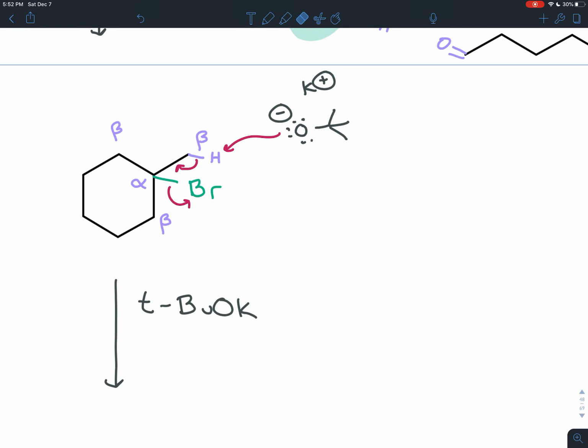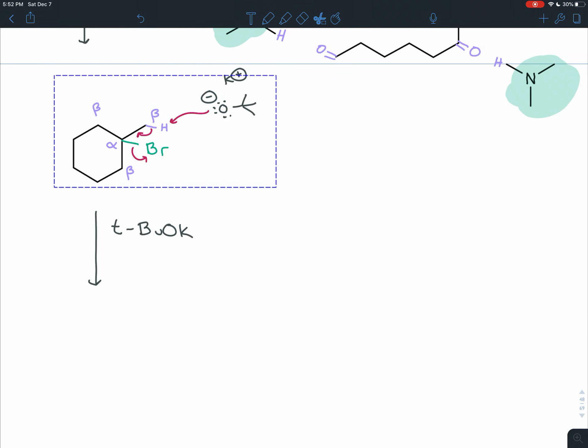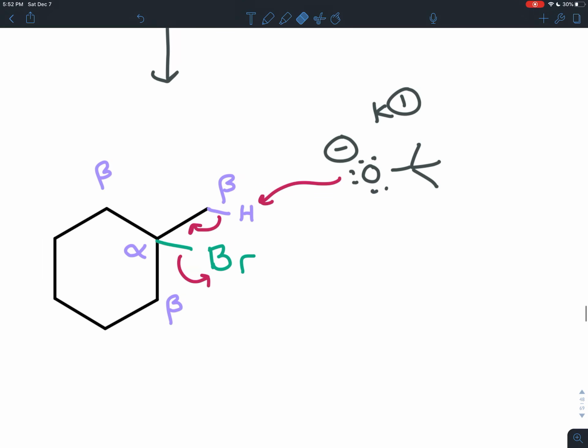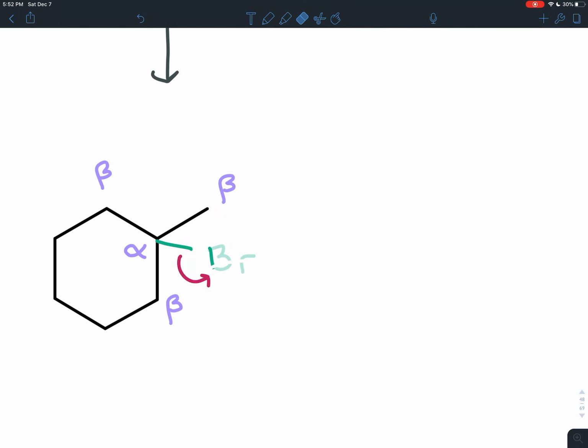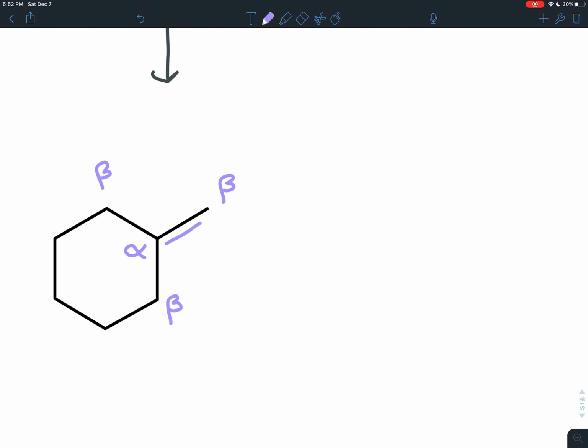And in that scenario, you would form an alkene in the direction of the beta hydrogen that got stolen. So that's one possibility.